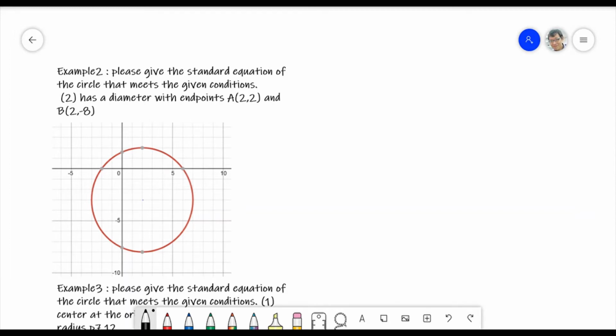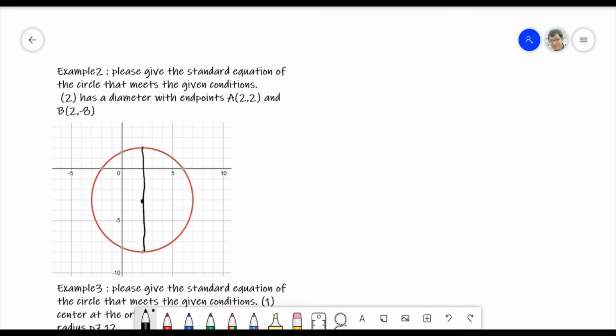Let me just try to show you. It's not very straight, sorry. Here is the circle, and here is the center of the circle, and the line passes through it.